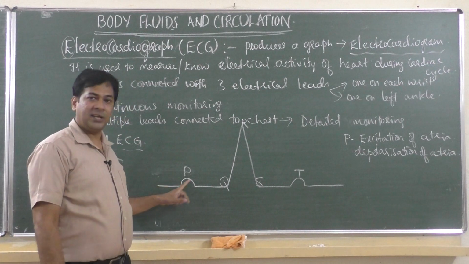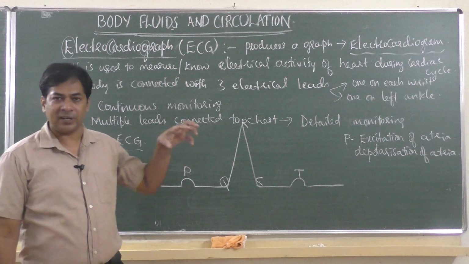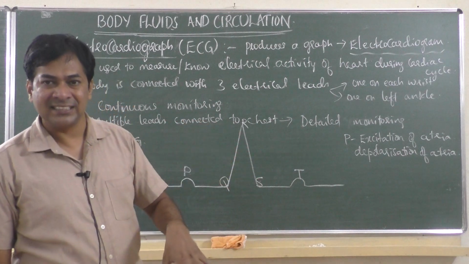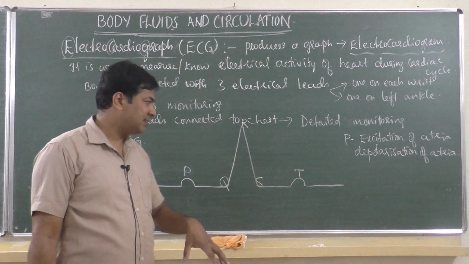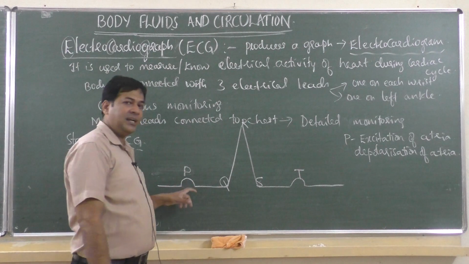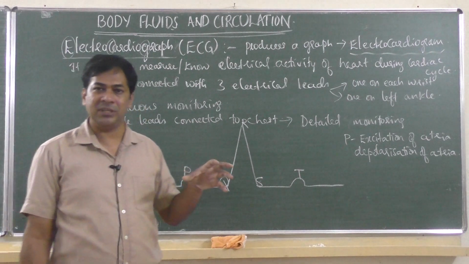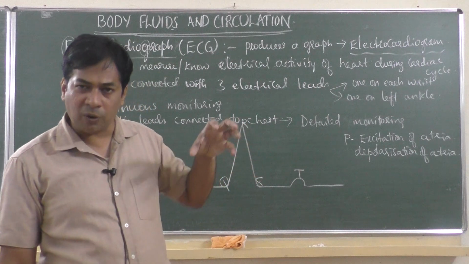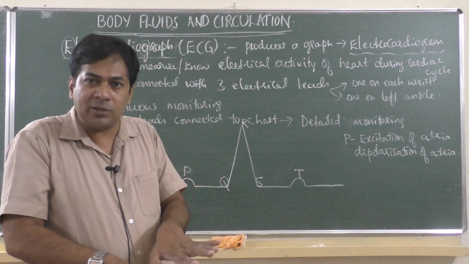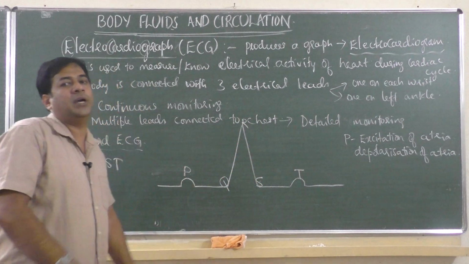When blood from the auricle enters the left ventricle, what should happen? The atria should get excited, meaning they should contract, then pump blood to the ventricle.